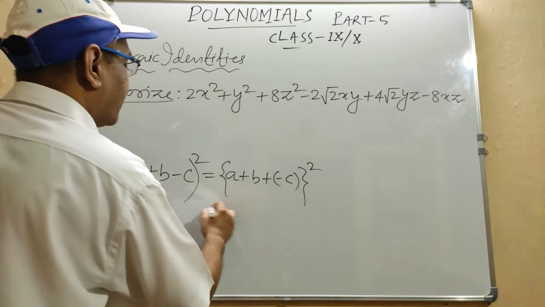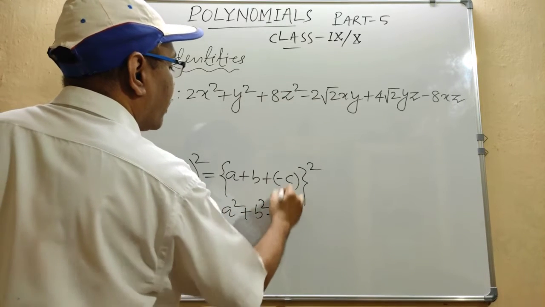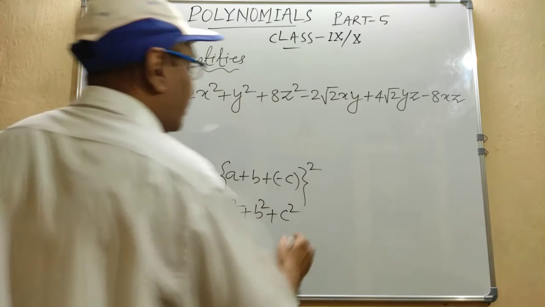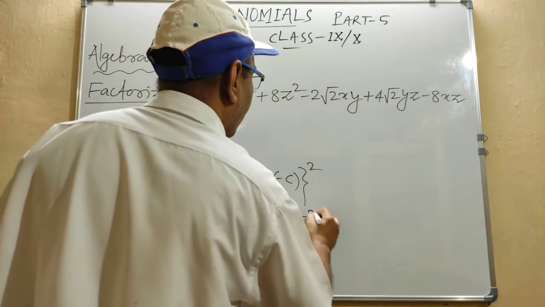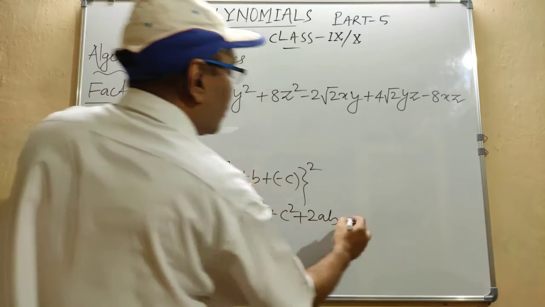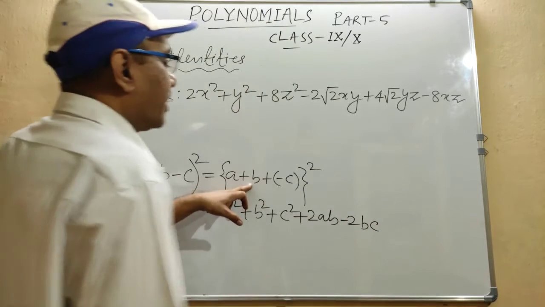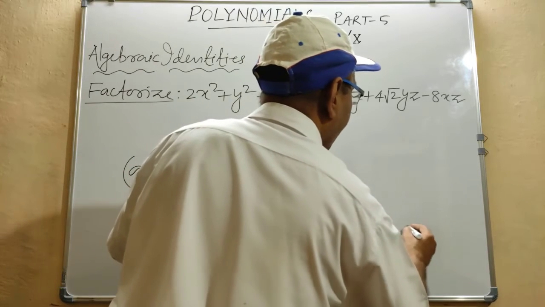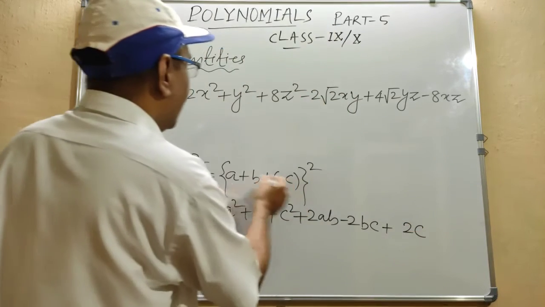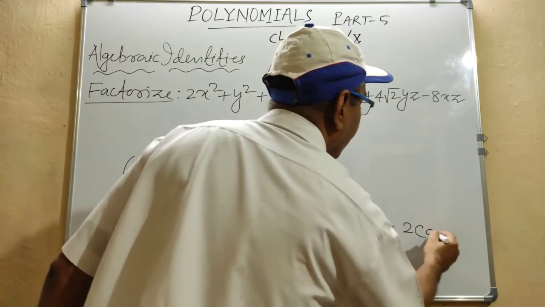And what will be its expansion? a square plus b square plus minus c square, so minus c square becomes plus c square, plus 2ab plus 2bc, b into minus c, so this sign will be minus, plus 2ca, where c is minus c and a is plus, so it will be minus ca.